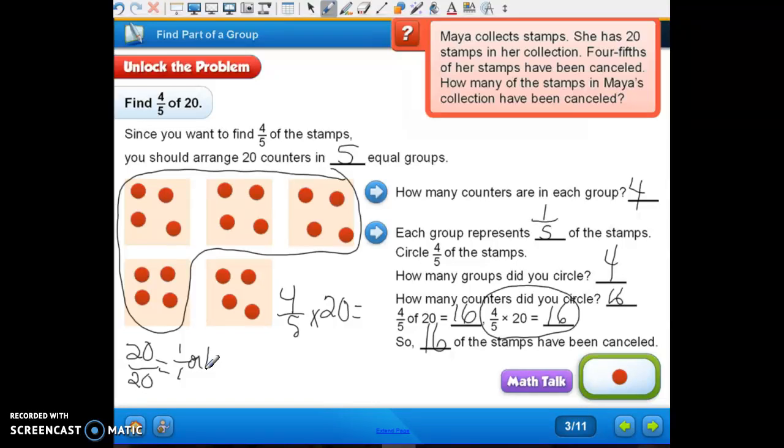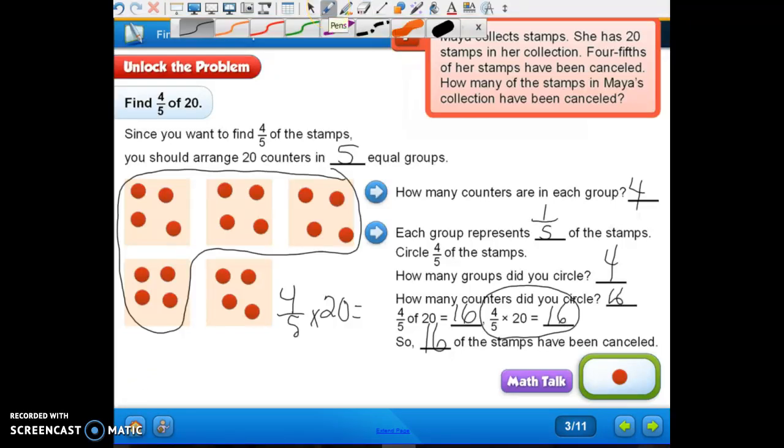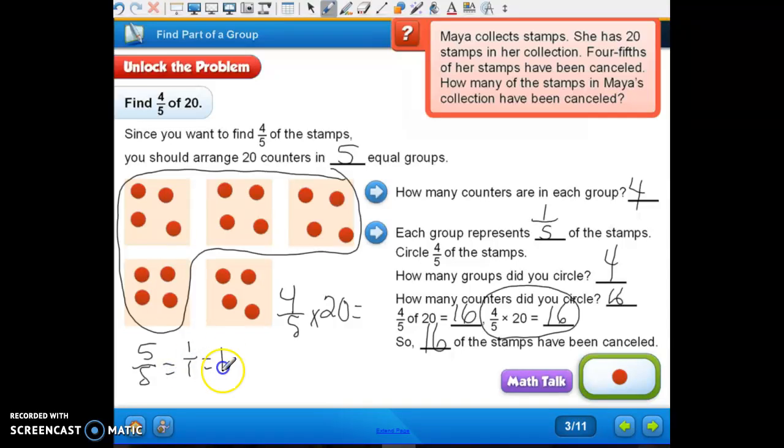5/5. If I did 5/5, I can divide each of those by 5. I'm going to get 1/1 or 1.